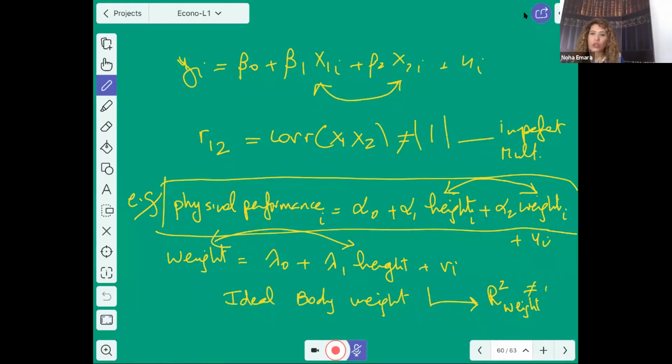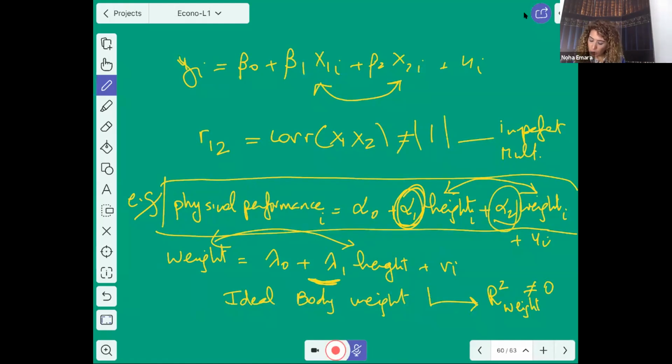It will be equal to a certain number because of the imperfect multicollinearity. So this coefficient will not be accurately estimated. And the same goes with this coefficient because of the connection between the height and weight.